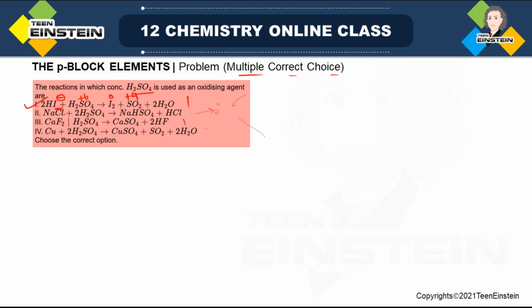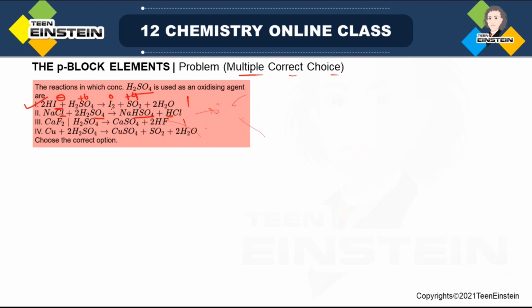The second reaction, we have taken sodium chloride salt. Now sodium chloride in presence of H2SO4, there is simply exchange of ions. See, Cl minus is now replaced by HSO4 minus, and Cl is attached now with H. So this is basically displacement of anion, that is HSO4 is moving from H2SO4 towards sodium, and chloride is moving from sodium chloride to H2SO4.